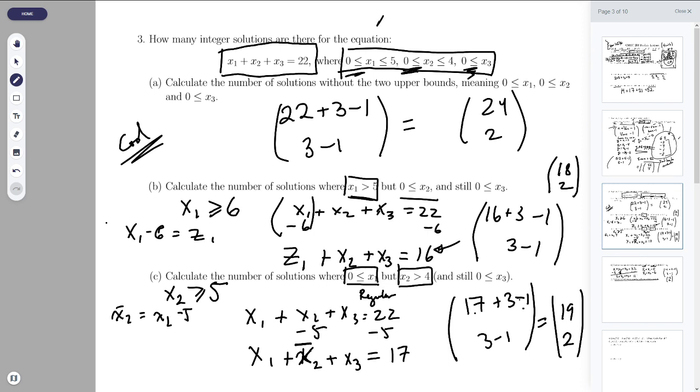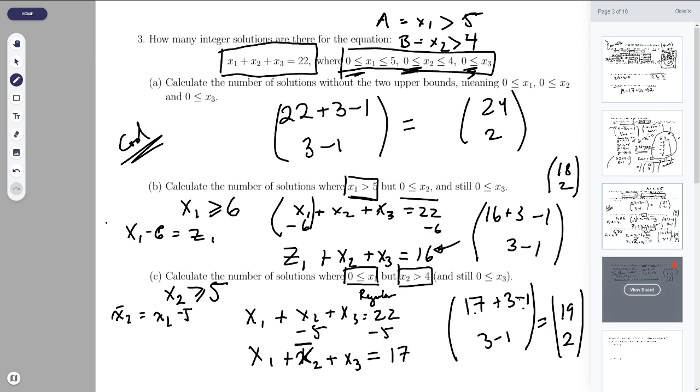So let's call A the fact that x1 is bigger than 5, and B the fact that x2 is bigger than 4.